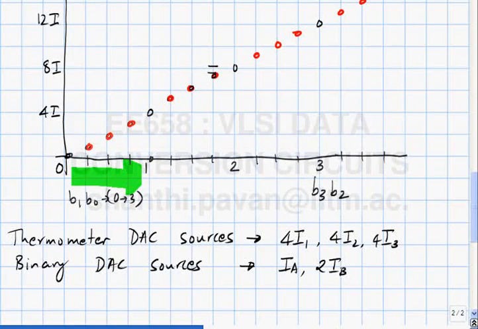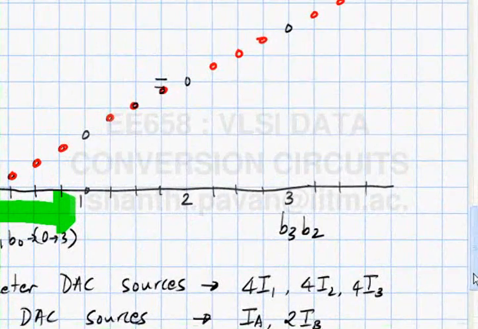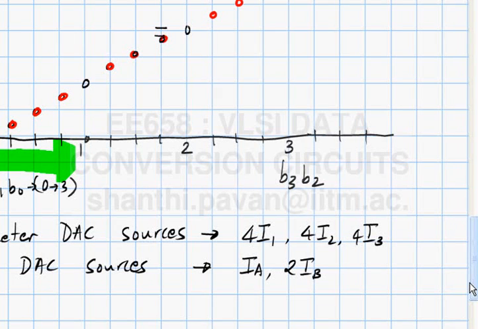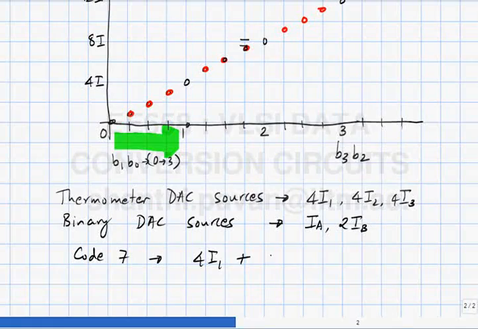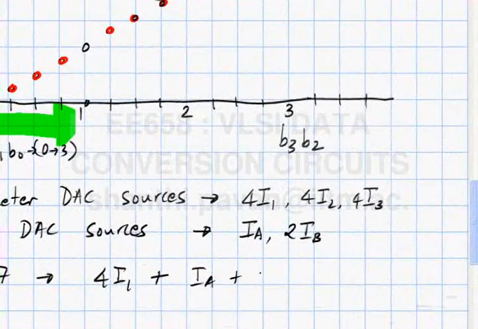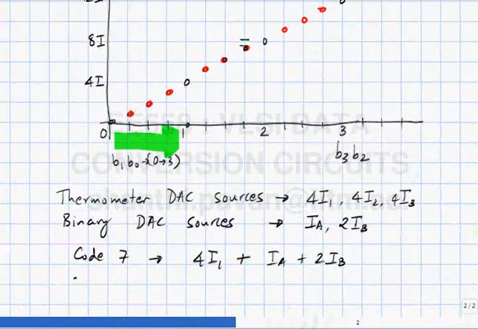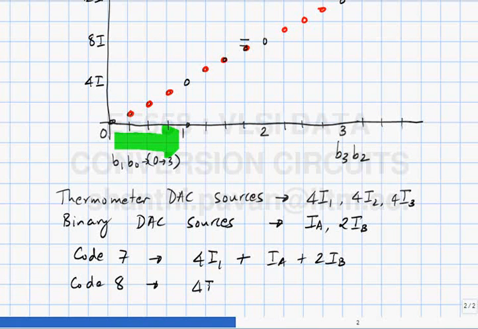So, when the DAC input code is 7, so that the output current is nominally supposed to be 7I, what is the output? It is simply 4I1 plus IA plus 2IB. When the code is 8, it is 4I1 plus 4I2.